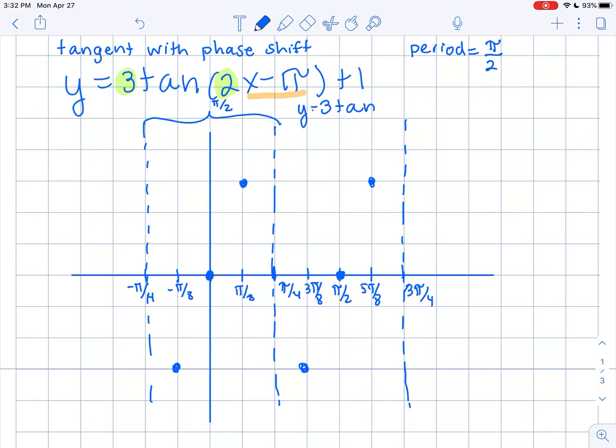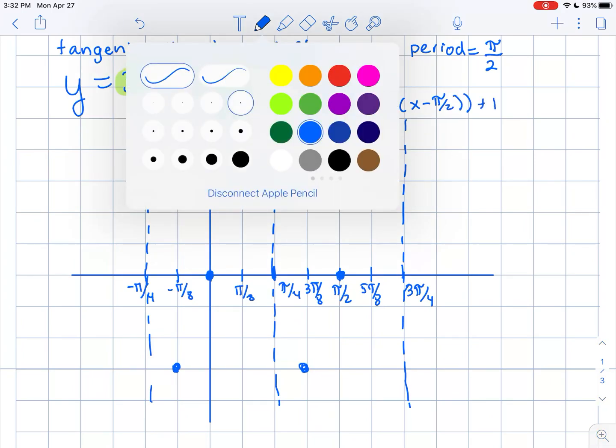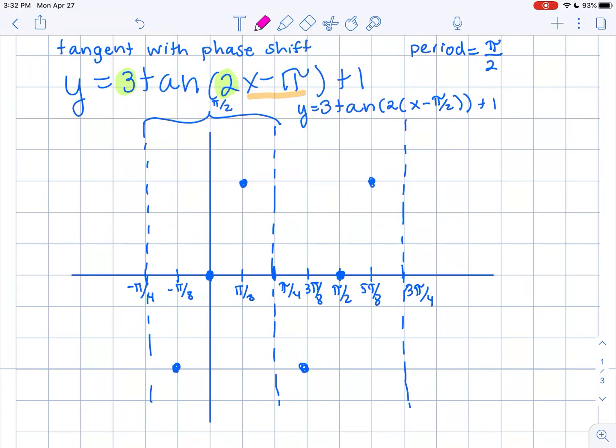So the function itself should be y equals 3 tangent of 2 parentheses x minus pi over 2, plus 1. So we do it in stages. We figure out the period, we address the stretch that the 3 had on the tangent function, and then from there, all the shifting right and left, and the up and down vertical shifts. So this tells me negative pi over 2 is right pi over 2, and then plus 1 is up 1.